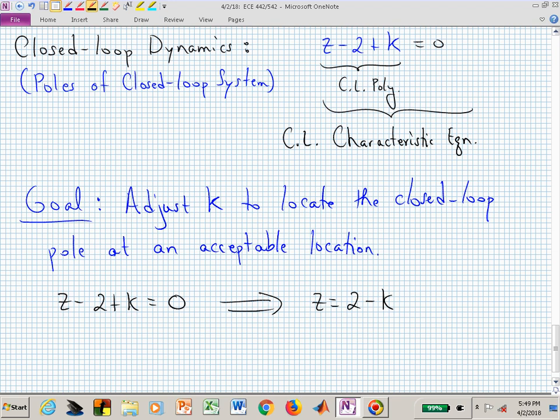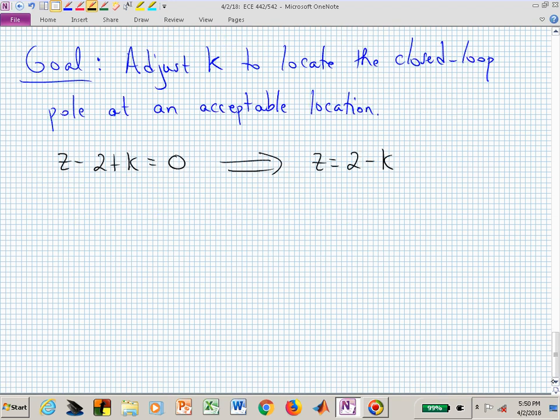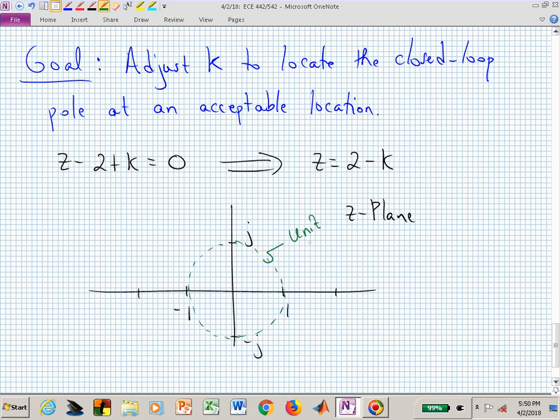And we might have an idea as to what we want to do with that decision on K. If we simply look at the z-plane, we might want to be thinking about what's happening as we adjust K versus this unit circle.